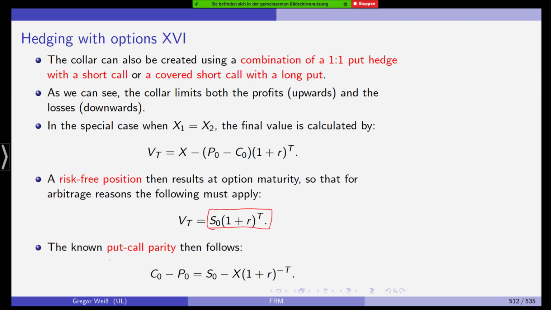You might have seen this in other lectures on derivatives, and this is a very simple way to show the put-call parity.